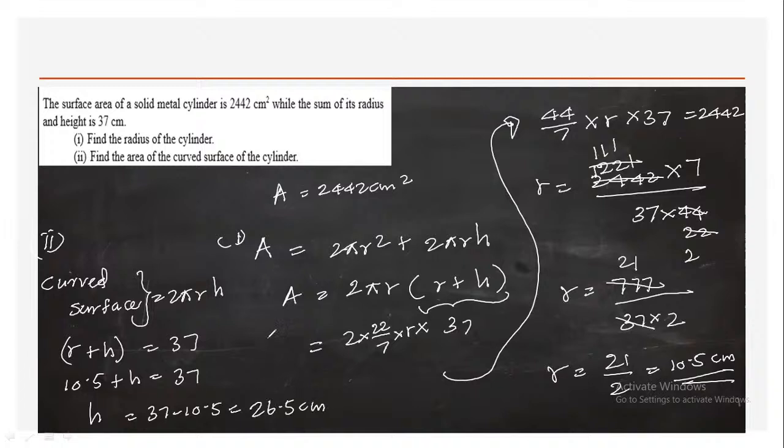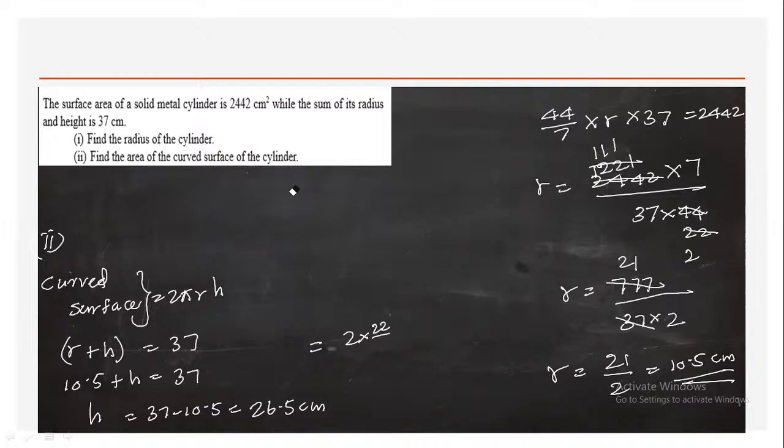Height. Then now you can get, I will delete this part. That height is 26.5 centimeter. Then area of the curved surface is 2 pi r h.